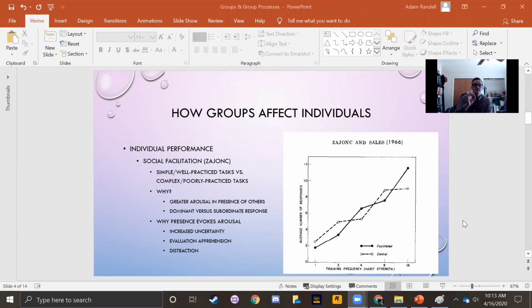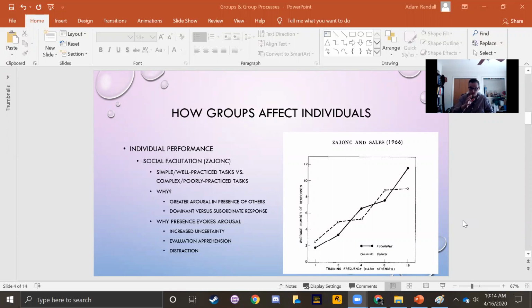Where the co-presence of a group tends to aid or facilitate simple or well-practiced tasks, but tends to impair, or make you perform more poorly at, tasks that are either more complex or not well practiced.